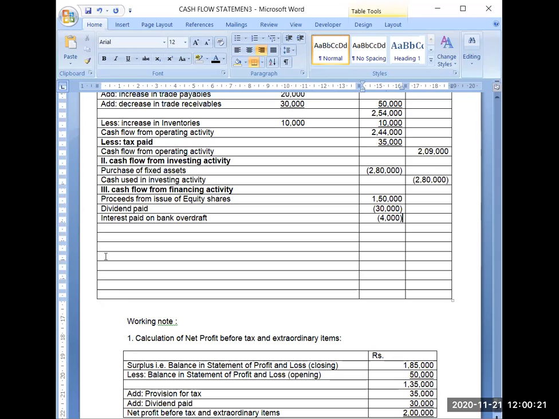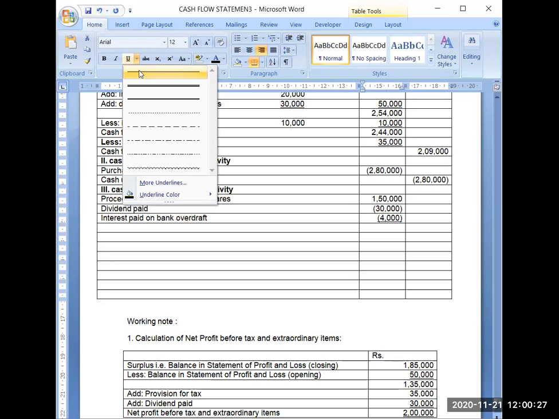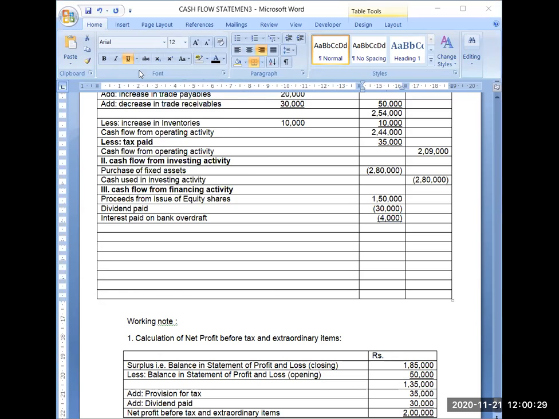Now we will find out the net result. So 30 plus 4, negative items will be added separately. 34 minus 1,50,000, so it will be 1,16,000. And because inflow is more than outflow, the answer will be positive.